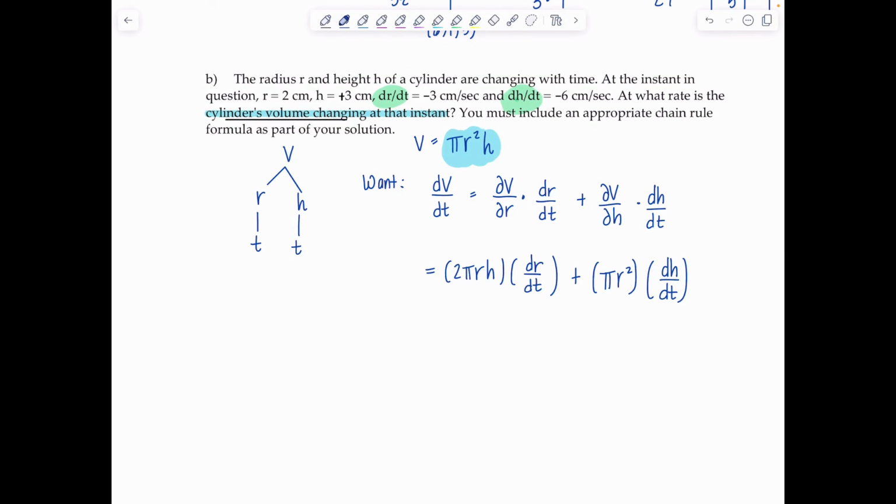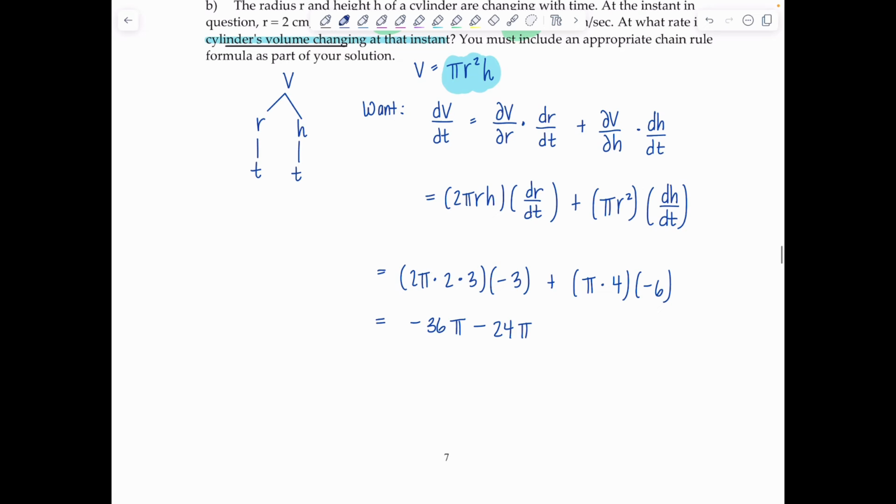Then let's go through, substitute in all the info they gave us. So 2 pi, r is 2, h is 3, dr dt is negative 3, plus pi times r squared is 4, and then dh dt is negative 6. So what do we got here? 4 times negative 9, negative 36 pi, minus 24 pi. This tells me dV dt, not del, is negative 60 pi.